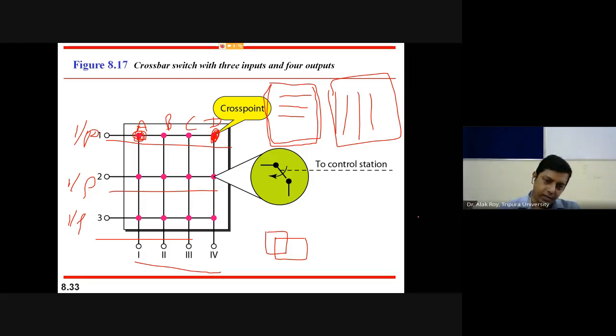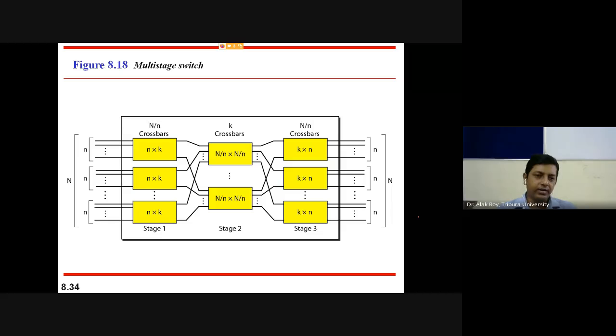So if this figure is clear to you, let me show you a bigger figure. Let's take 100 users as capital N and 100 users at the receiver side. So you are trying to use 100 different lines as input and 100 different lines as output.